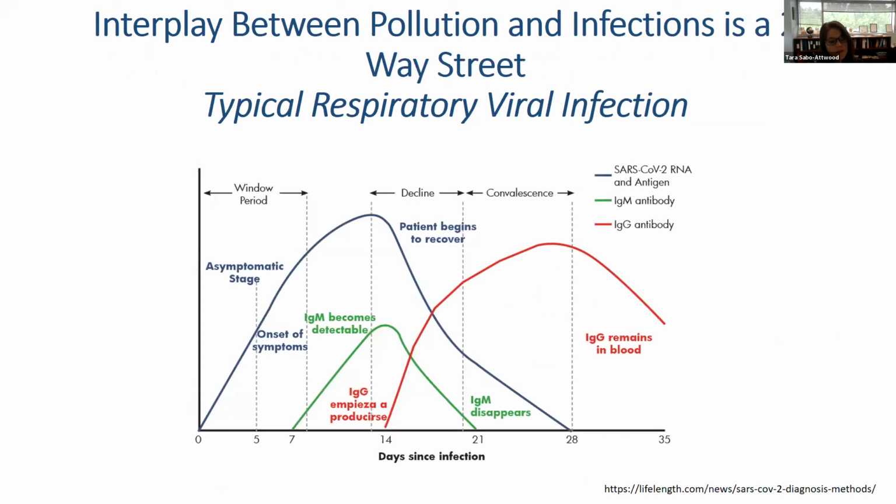So to better define these points, let's consider for a minute what happens when a person is infected with a respiratory virus like influenza or SARS-CoV-2 in a general sense. I want you to know on this diagram that we're working with a time scale of days to weeks. Immediately after infection, there's this asymptomatic stage, followed in a few days with symptoms where a virus can be detected, and then followed by an immune response that typically includes antibody production, typically IgM and IgG.